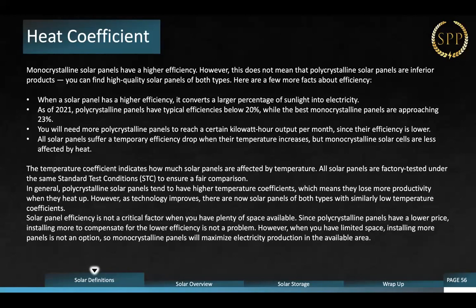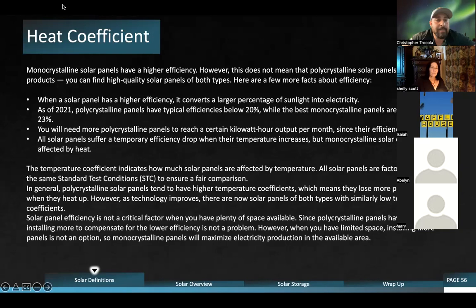As of 2021, polycrystalline panels have typical efficiencies below 20%, while the best monocrystalline panels are approaching 23%. You will need more polycrystalline panels to reach a certain kilowatt hour output per month, since their efficiency is lower. All solar panels, all of them, suffer from a temporary efficiency drop when their temperatures increase, but monocrystalline solar cells are less affected by the heat.